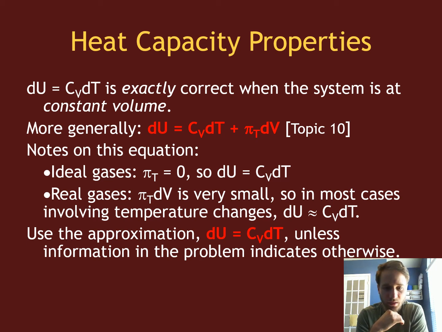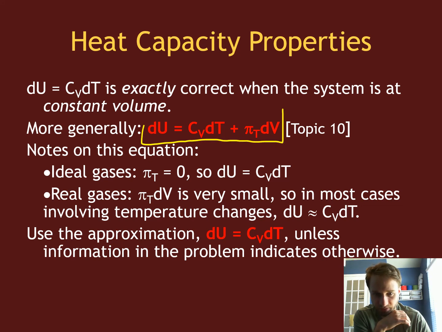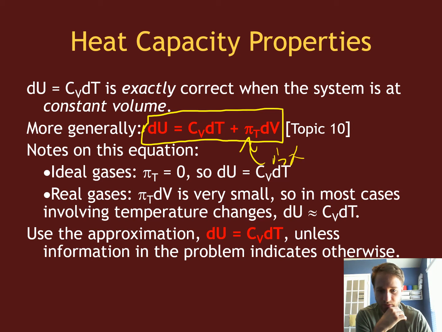A little bit later in the semester, we'll talk about how this change in internal energy is not just Cv dT, but also has some volume dependence, related with this pi sub T, which is defined as the internal pressure of a gas. For an ideal gas, pi sub T equals 0, so for an ideal gas, dU does equal Cv dT.